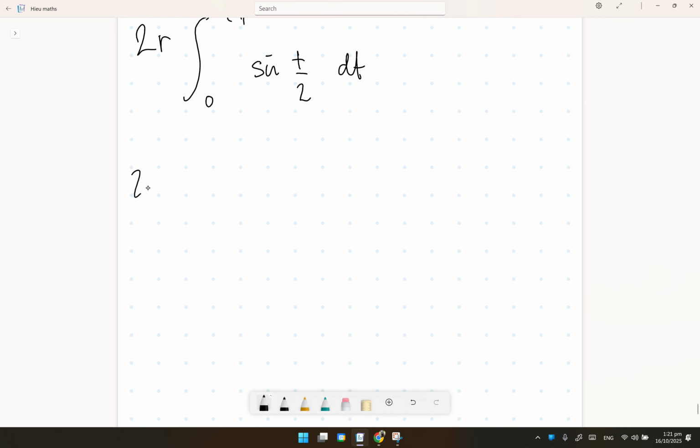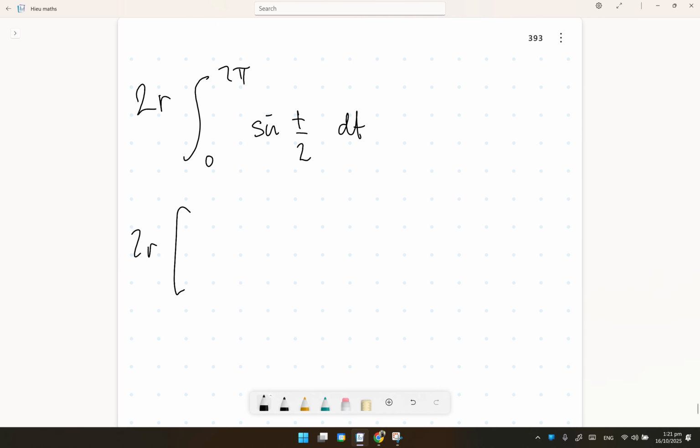This would be simple: 2r, and the integral of sine t over 2 would be minus 2 cos t over 2. Let's just check. When we differentiate this, cos turns into negative sine, so negative cancels out negative, leaves it positive, and the 1/2 multiplies out. Yep.